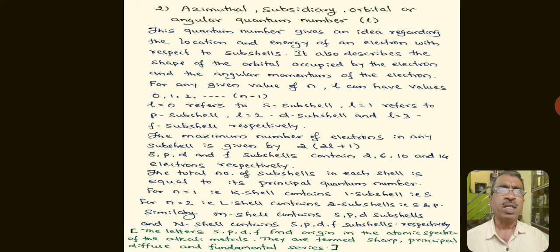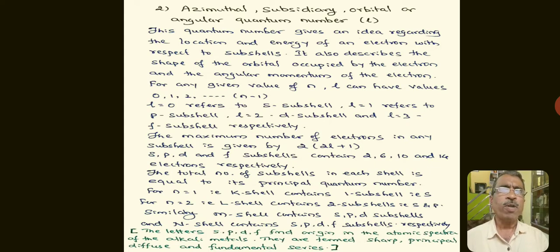From this equation, if l is equal to 0, it is 2; l equal to 1, it becomes 6; l equal to 2 becomes 10, and so on. Therefore, s, p, d and f subshells contain 2, 6, 10 and 14 electrons respectively.